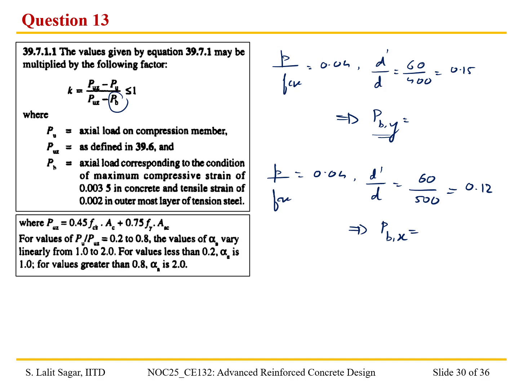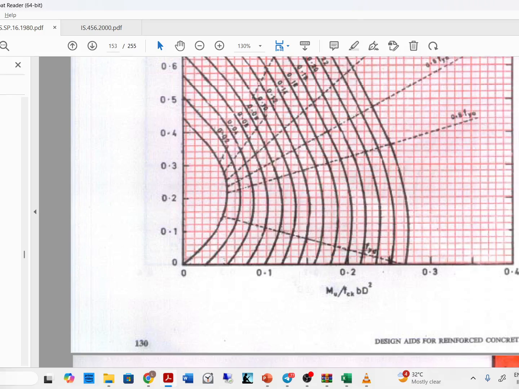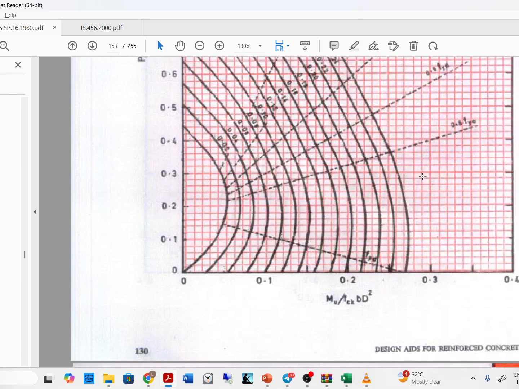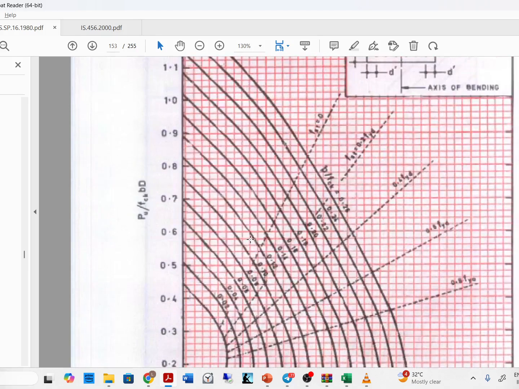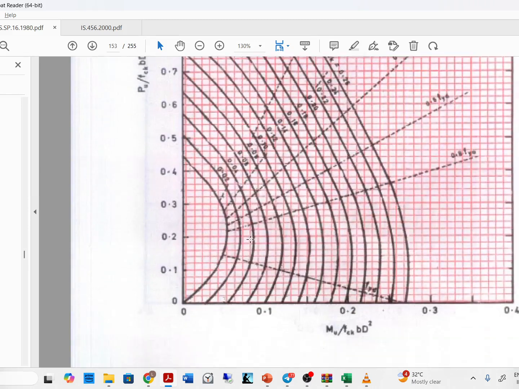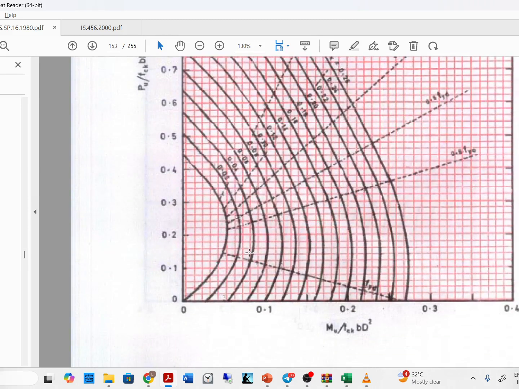Okay, so how do we find out this PBX and PBY? So here, as we can see, this is the line corresponding to FYD. So we have the P by FCK is 0.04. Corresponding to that, we'll find out the PU by FCKBD and MU by FCKBD square. Okay. So for 0.15, we have PU by FCKBD as 0.12.